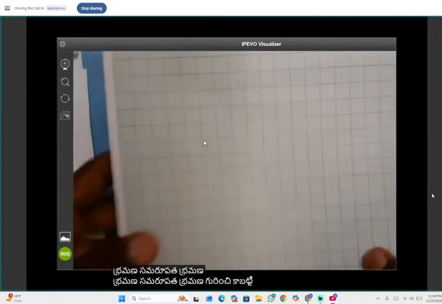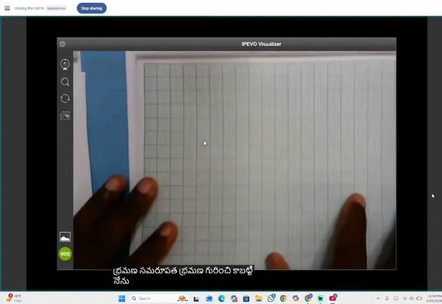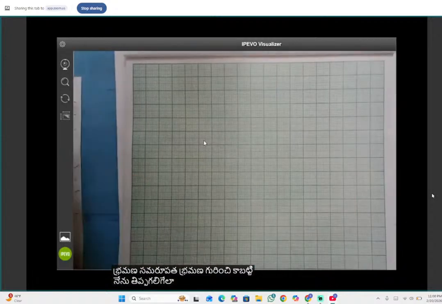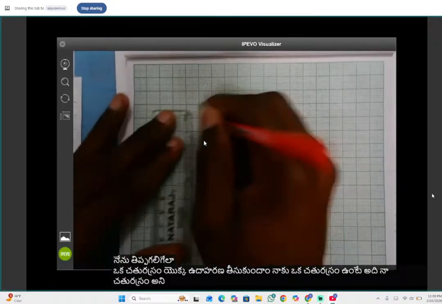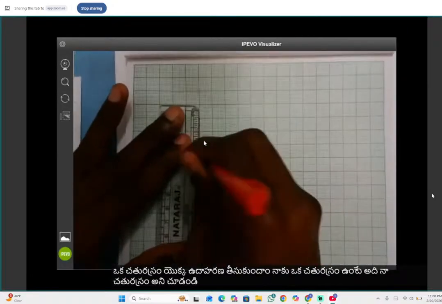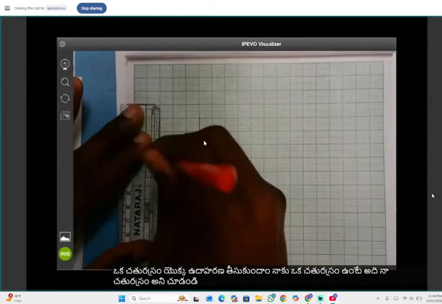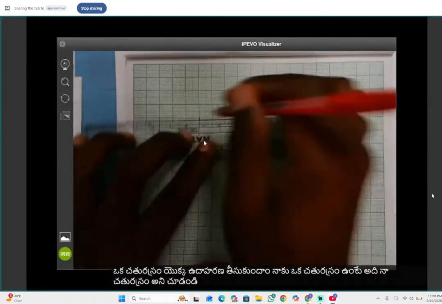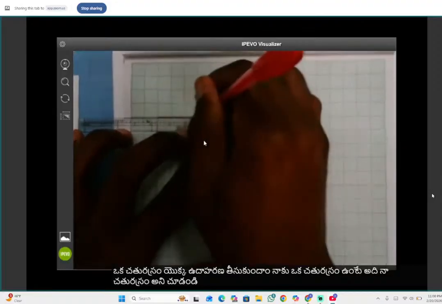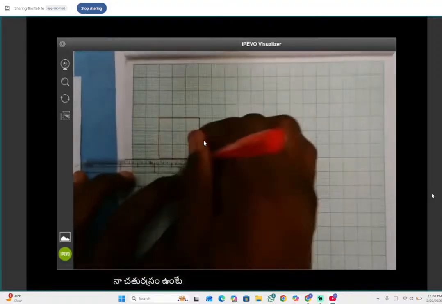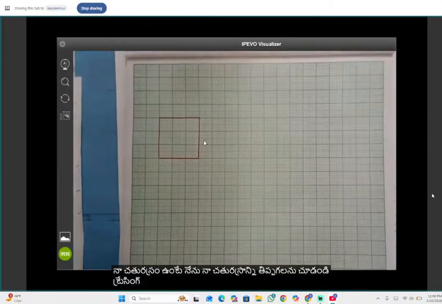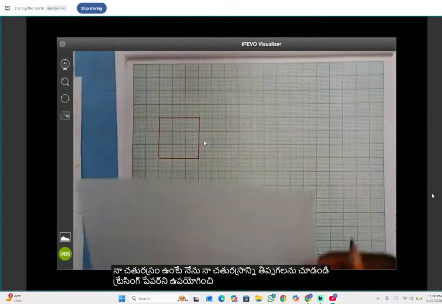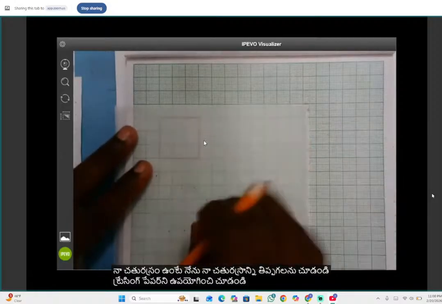So, in order for me to be able to rotate, let's take an example of a square. If I have a square there, see that? That's my square. I can rotate my square using a tracing paper.